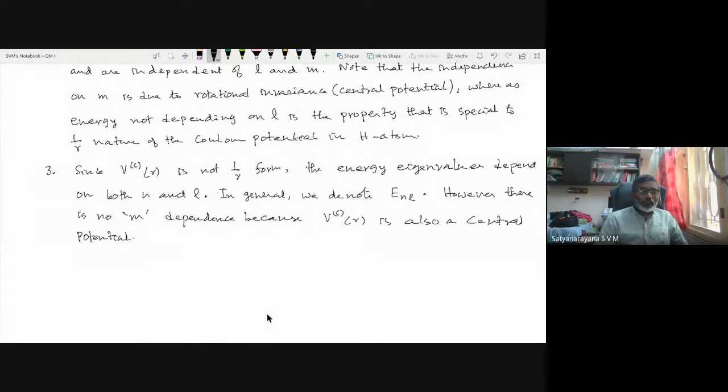And second is that, suppose you take ENL and EN prime L prime, two energies.